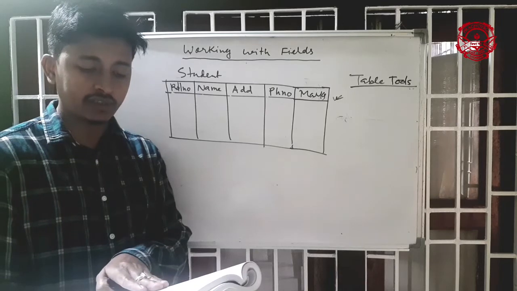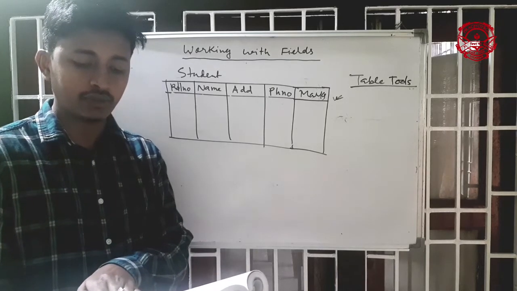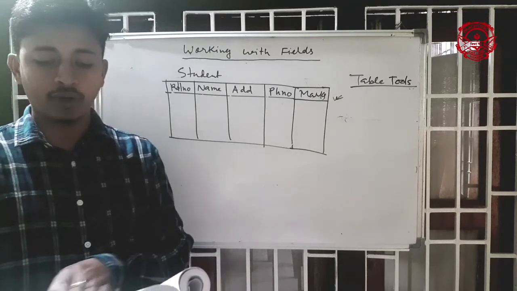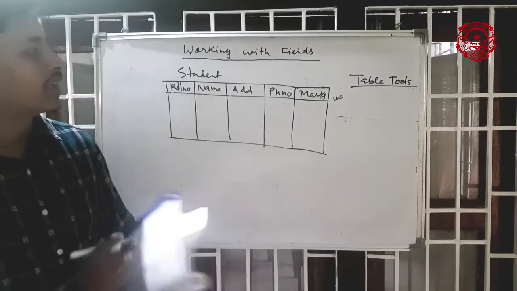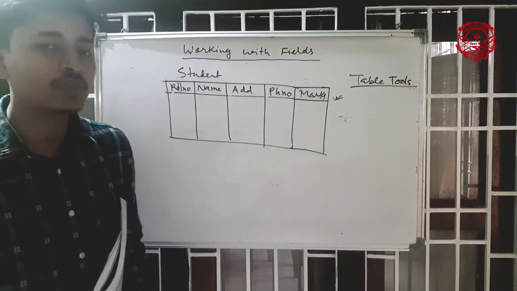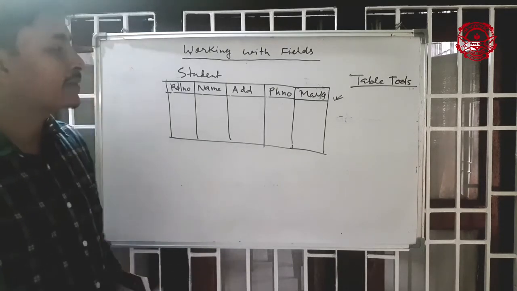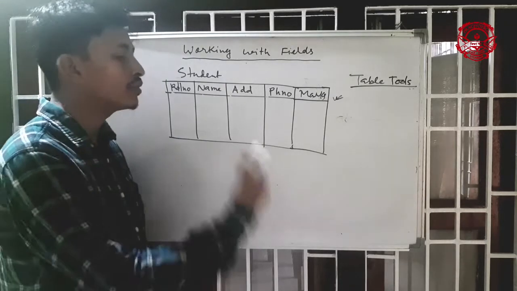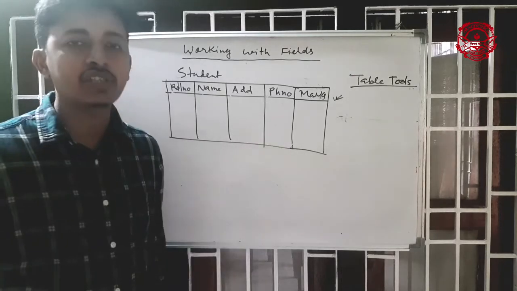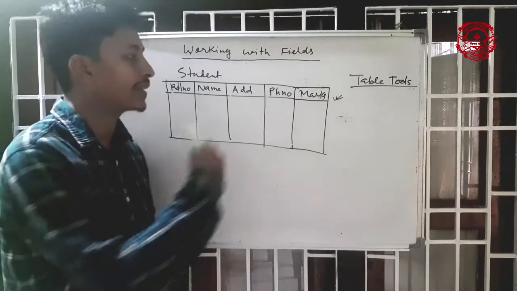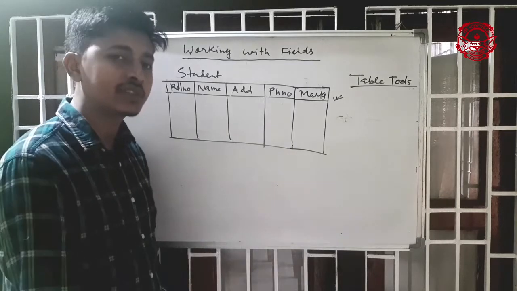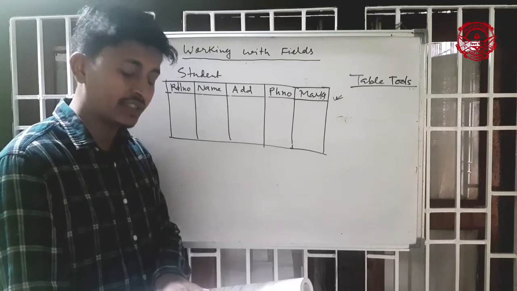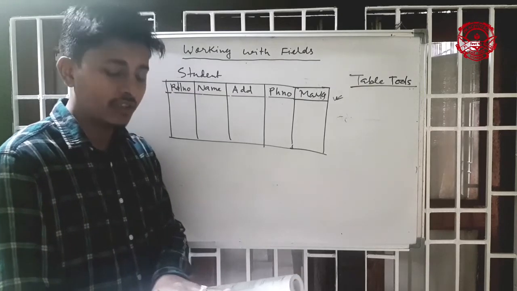Click the column header on the right of where you want to add a field, and then click the required data type button in the Add and Delete group of the Fields tab. You have to read the steps because they may come in the exams. In the exam, maybe a question comes on how to insert a new field in an existing table. Write the steps. There are two steps in this new field.